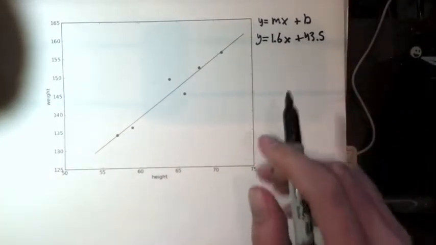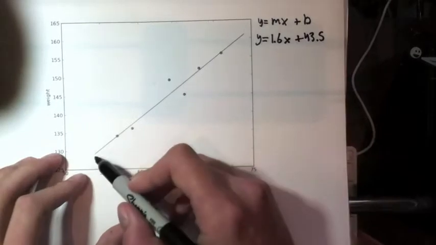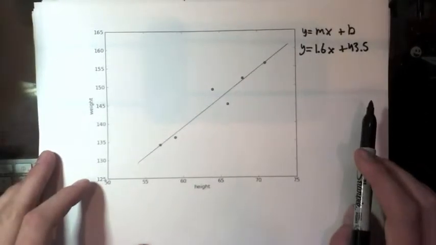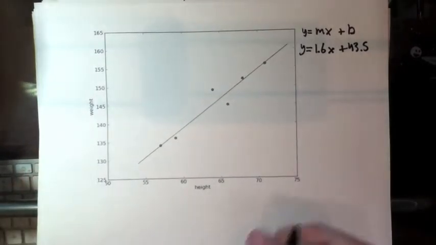And if you were to plug this into a graphing calculator, you would get a line that looks just like this, same slope. Let me recenter that. Okay. Now, in this case, I'm going to write this formula again up here.